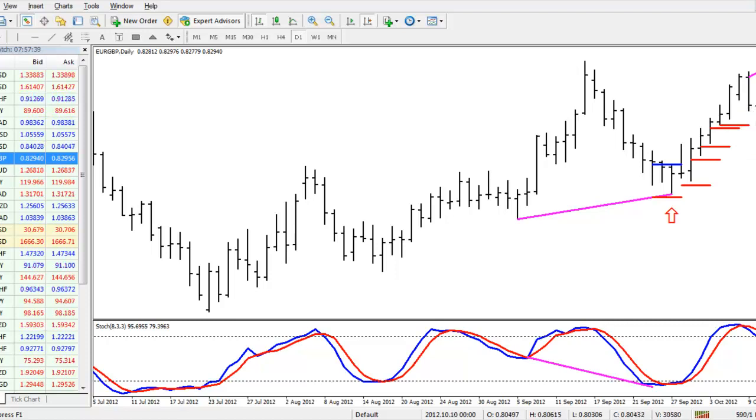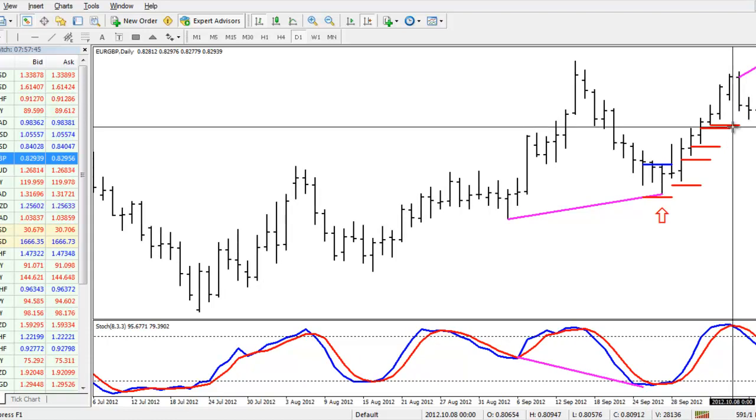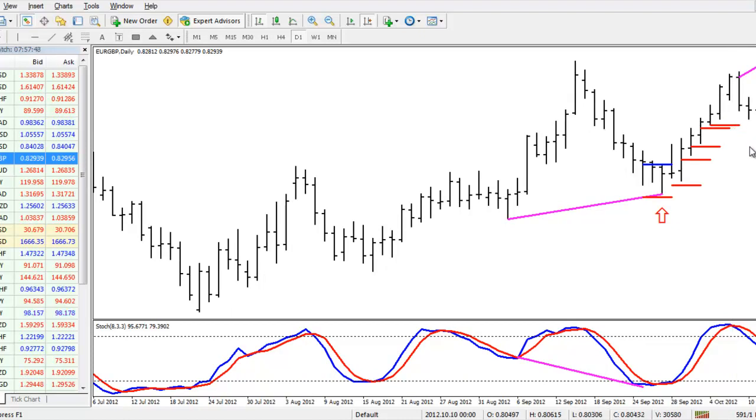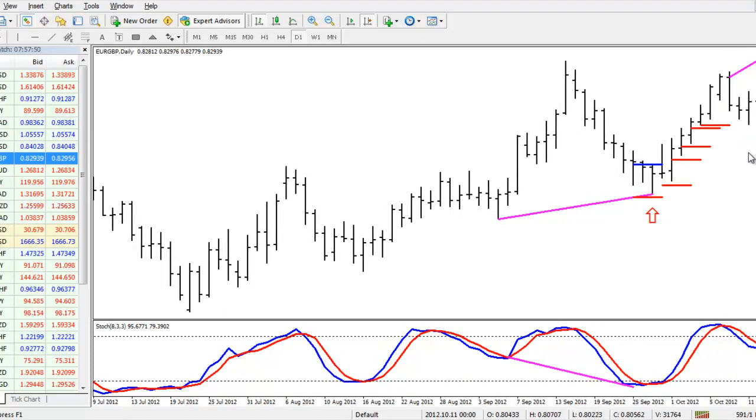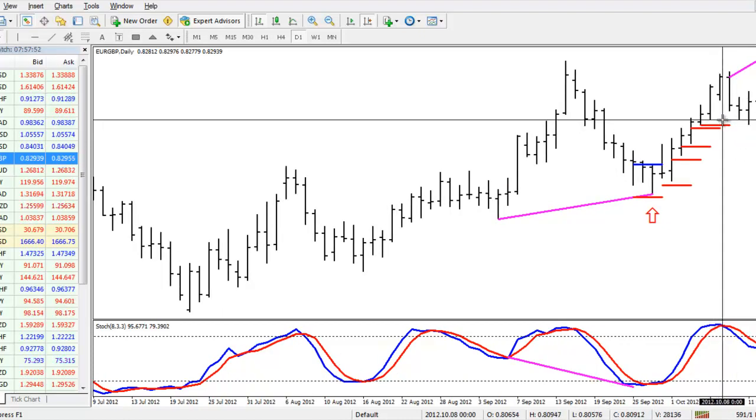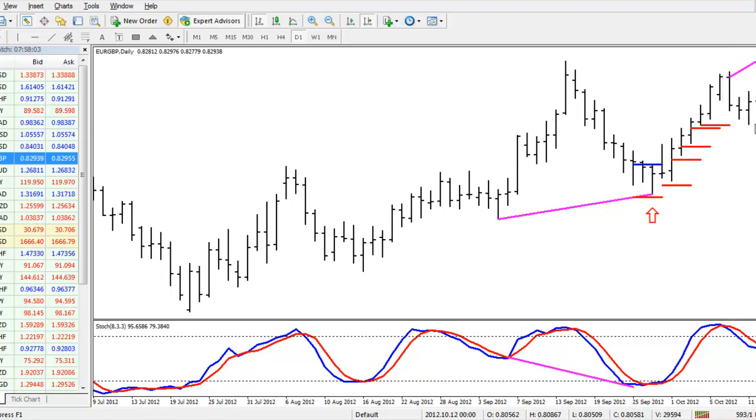We can see that now there's no point in moving the stop loss because it's already in the correct position. So the next bar comes along, we're still in the trade, we have not been stopped out yet. And the whole reason for this is because we've got our stop loss 8 pips underneath the lowest low of those 3 bars. This was 6 pips underneath, therefore we're still in the trade.